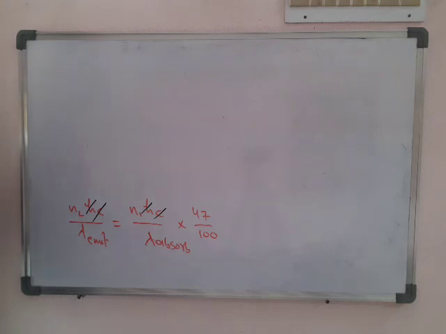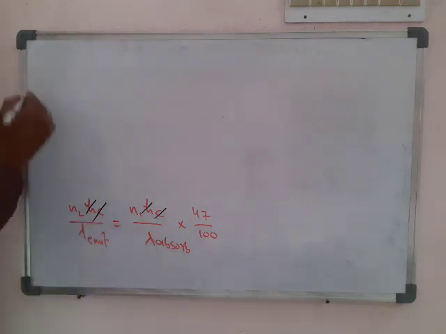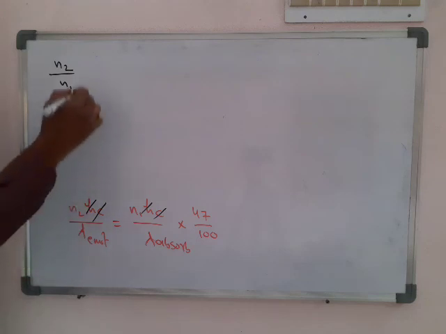So what we have to calculate is the number of photons, the ratio of quanta emitted. We have to find the emitted quanta ratio to the absorbed, which means we have to find n2 by n1.